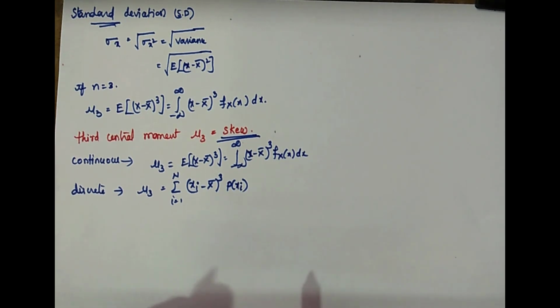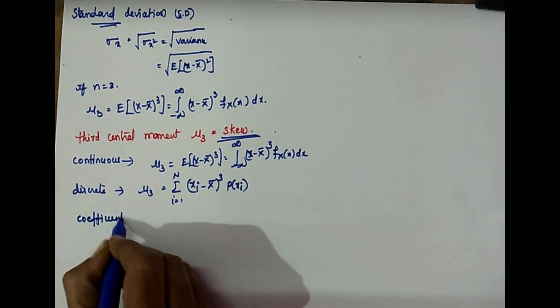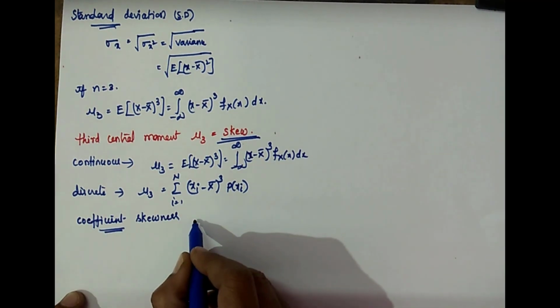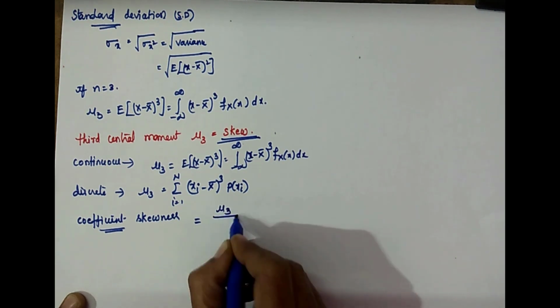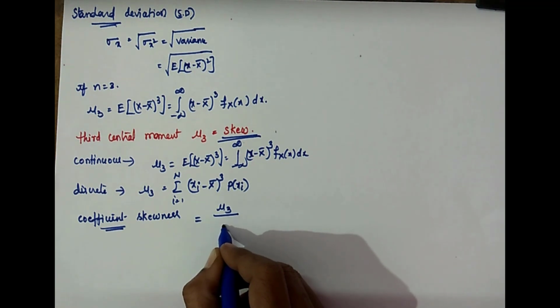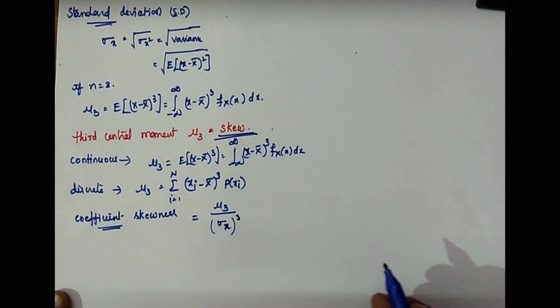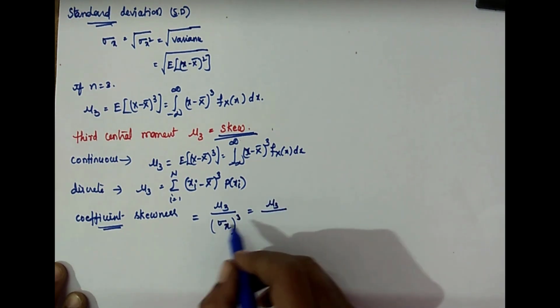Now in connection with the third central moment, we have the coefficient of skewness. The coefficient of skewness is the ratio of the third central moment to the cube of standard deviation. What is the cube of standard deviation? Standard deviation is represented by sigma x, its cube. Okay, so it is mu 3 by standard deviation cubed.